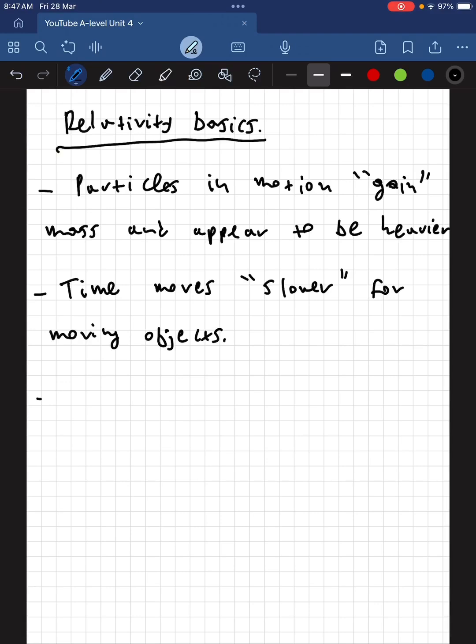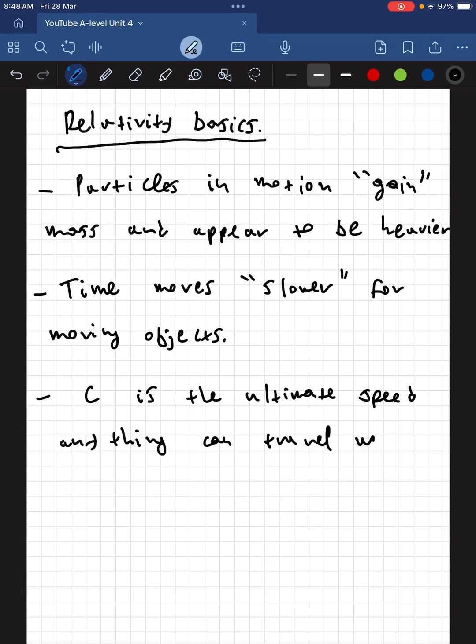And the third thing you need to know is that c is the ultimate speed. It's the ultimate speed anything can travel with. So photons, by definition, move with the speed of light, okay?